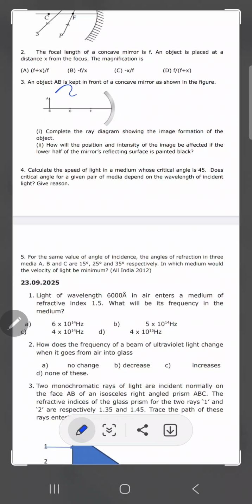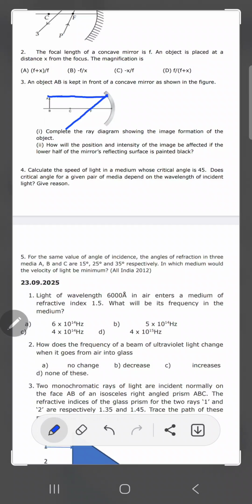Now you see, if you want to draw the rays, we can just imagine 2 rays. One you can draw parallel to the principal axis. It would pass through the focus. And the second ray you can consider either passing through the focus and it would become parallel, or you can pass this second ray through the optical center. It would remain as it is without any deflection. It would come back reversing its path. So it's up to you.